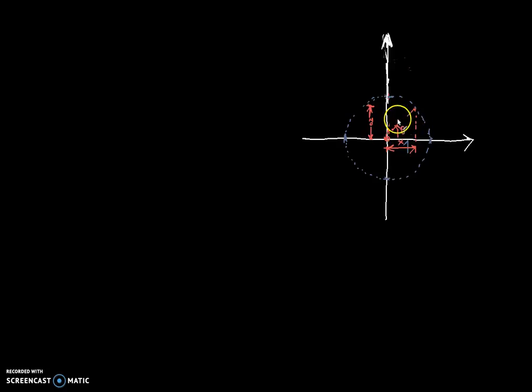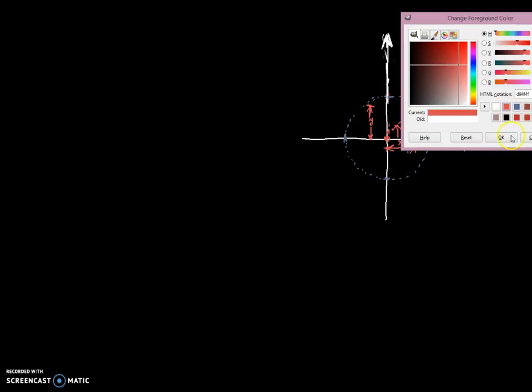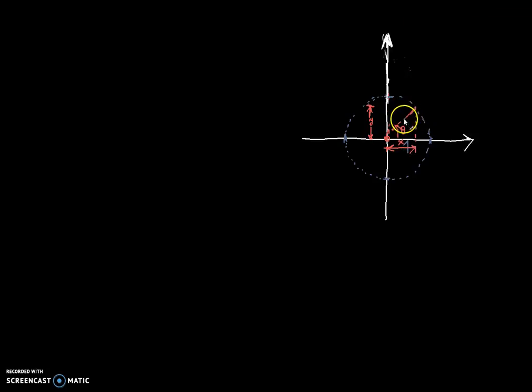So if you have this angle theta, for example, pi by 6 or whatever, it doesn't matter. As a result of this theta, this is your y coordinate, this is your x coordinate.